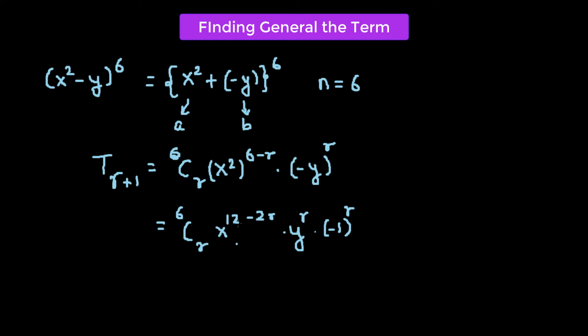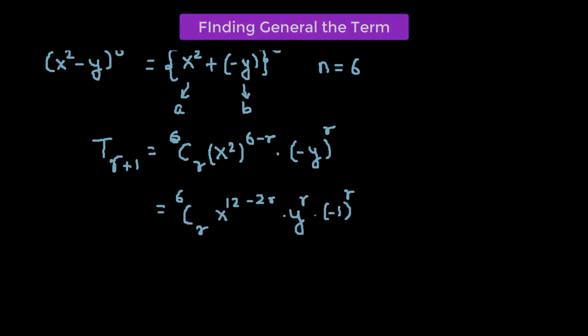So what's the use of this? With the use of this general term, we can find any given term. Let's do it with the help of an example. Let's say I have a binomial expression (2x^2 + 1/x) raised to the power of 12, and we are asked to find the 10th term.